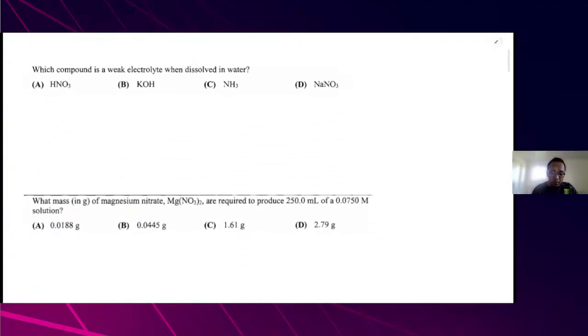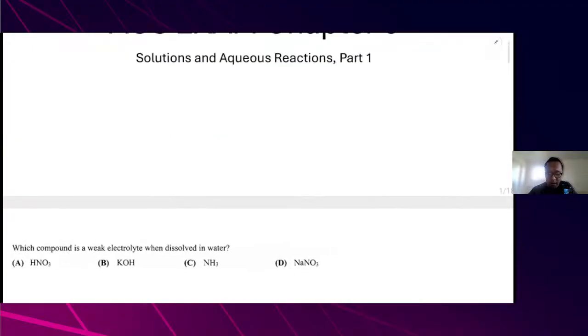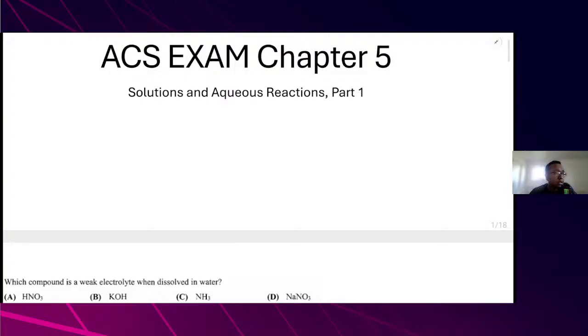We already finished atomic structure, electronic structure, and then stoichiometry for the basic one, I mean the mole and others, and the last part about stoichiometry in the reaction. Now we are moving on to another chapter, chapter 5, solution and aqueous reaction part 1.